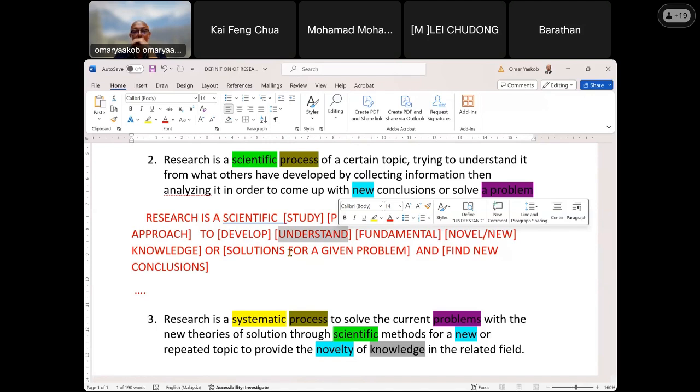The word "to" in the definition means the objective. So the objective is not to understand, the objective is to find a new conclusion based on a review paper, based on other people's research, collected in one bigger research with a broader conclusion.